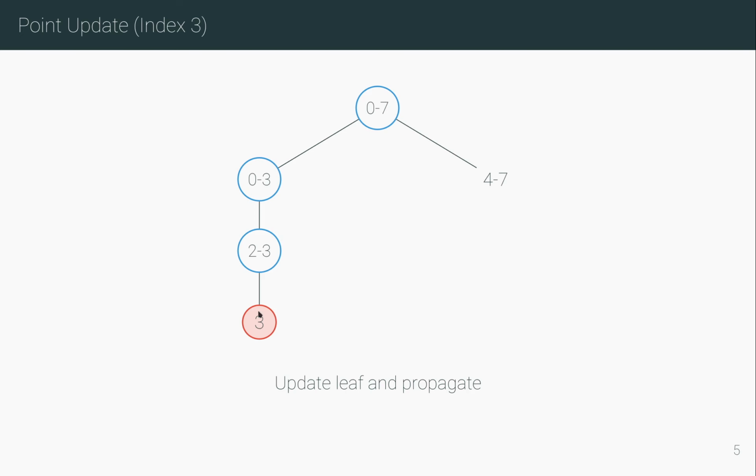Suppose that at position 3, initially we had 5 and then we put 10. You will increase this sum by 5, this sum by 5, and this sum by 5, propagating till you hit the root node. Whatever the difference is, you propagate it to the root node.